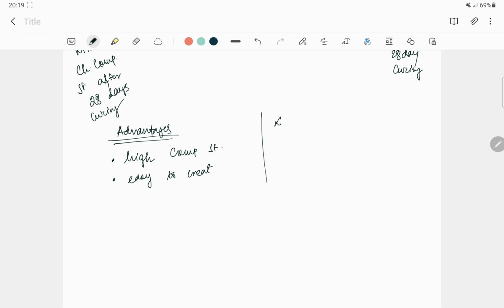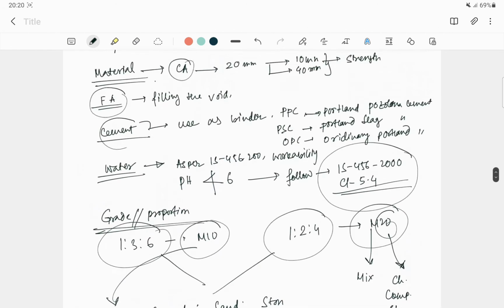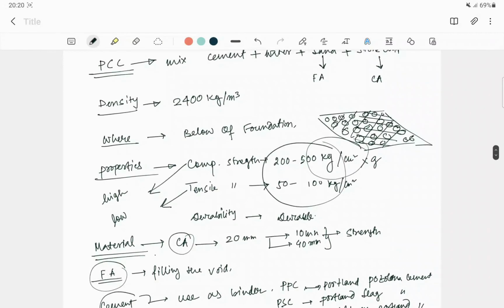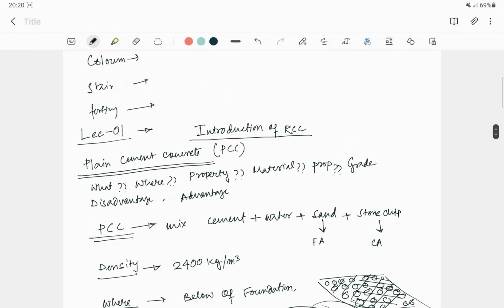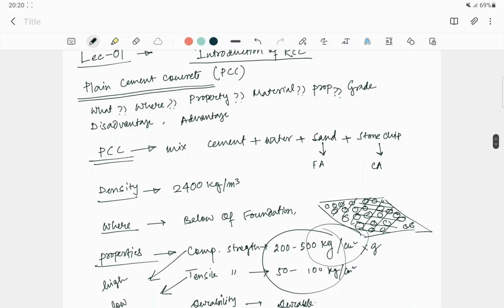Some disadvantages are there too: low tensile strength and less quality control. So this is a little bit about plain cement concrete.